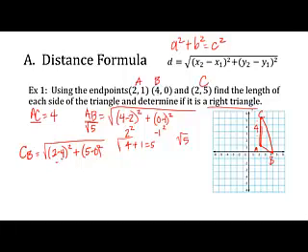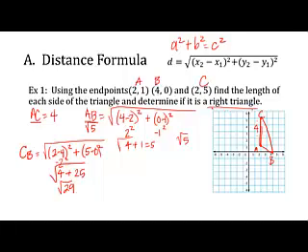If I square that, I get 4. 5 minus 0 is 5. If I square that, I get 25, right? So under my radical is the square root of 29. That's not a pretty number. We're just going to leave it under the radical just like that, unsimplified, because you can't really simplify it.